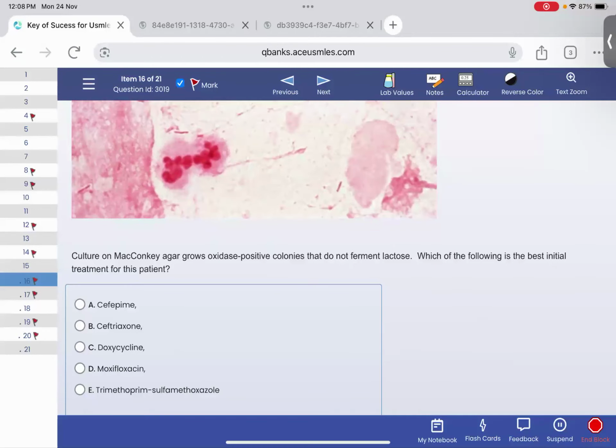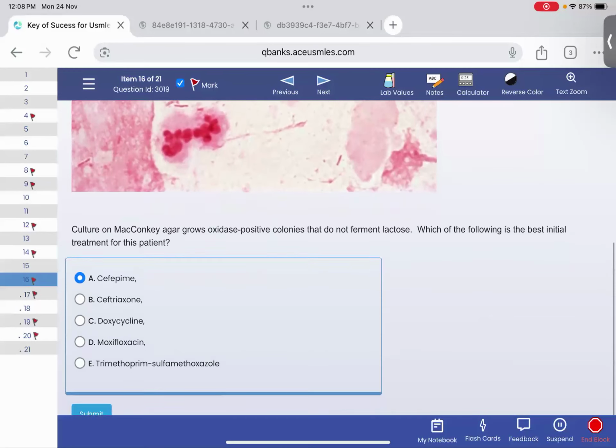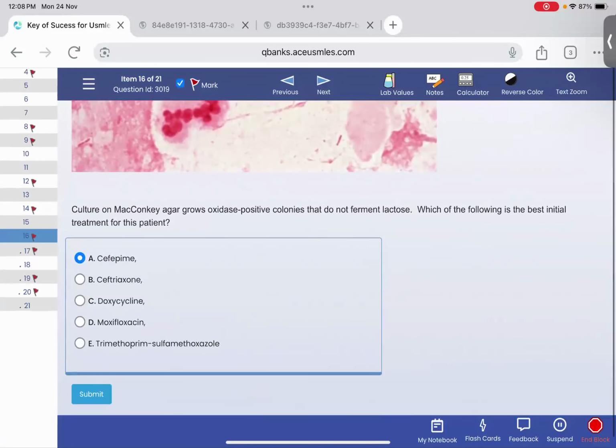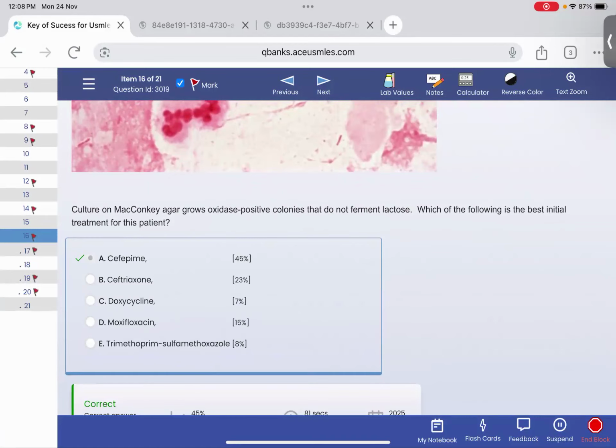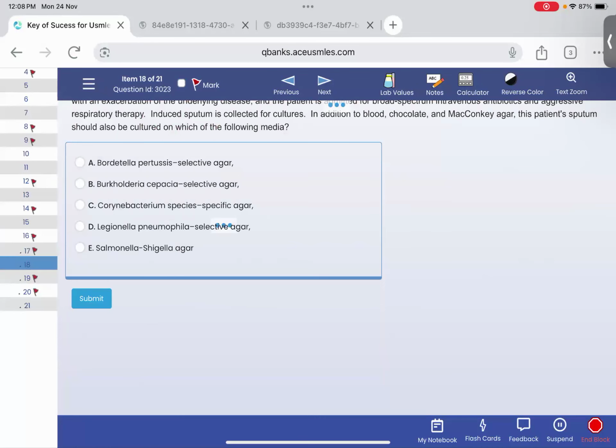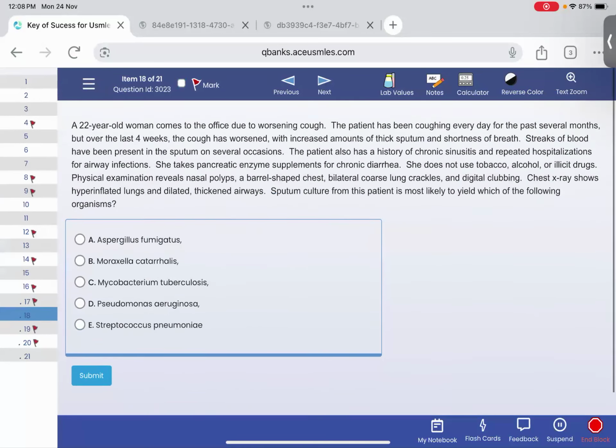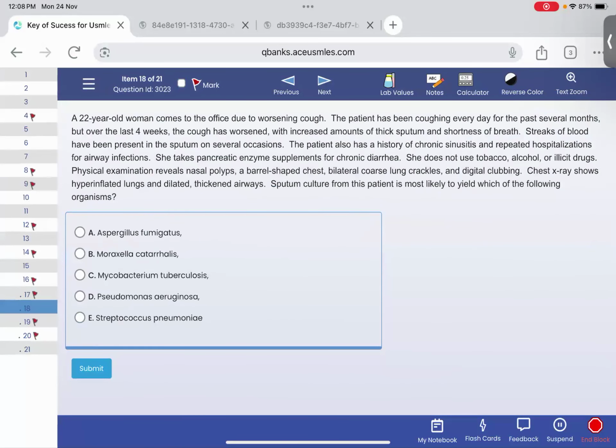So the correct option would be? Option A, cefepime. Yes, cefepime and ceftriaxone, they are first line. Pseudomonas is like multi-drug resistant.